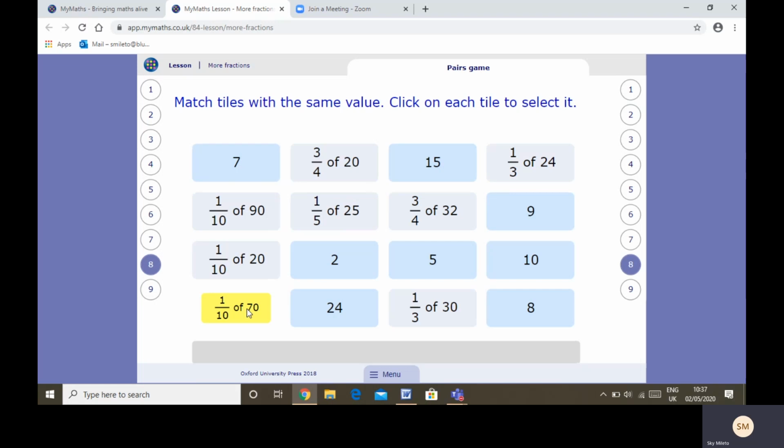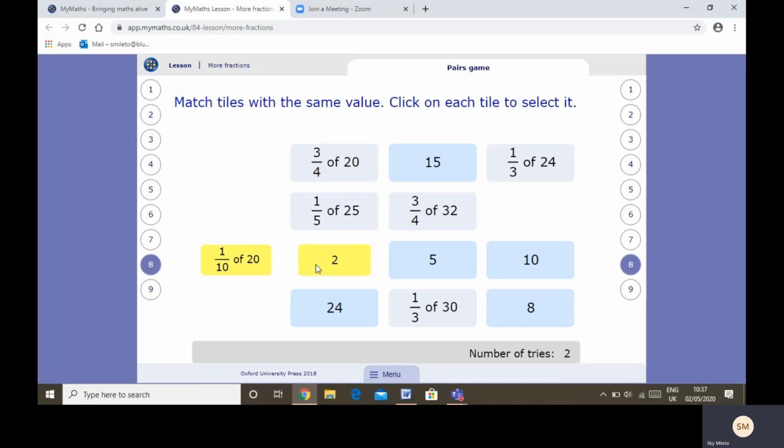And 70 divided by 10 is nice and easy. It is 7. 90 divided by 10 would be 9. 20 divided by 10 would be 2. And it's a really good way to say it back to yourself that 1/10 of 20 is 2. And 1/10 of 70 is 7.